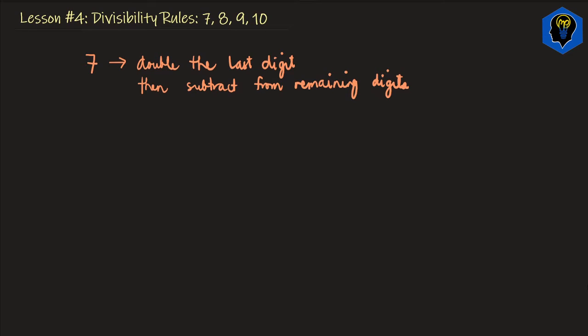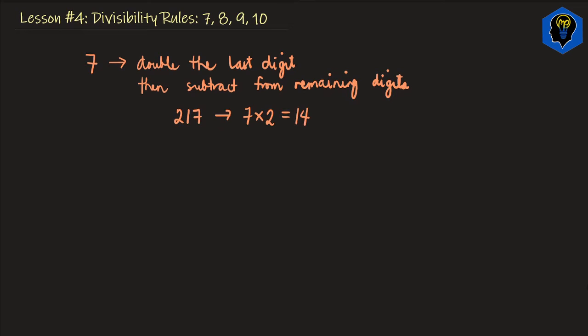For example, we have the number 217. Let's see if 217 is divisible by 7. Sabi dito, double the last digit. So simply 7 times 2. What's the answer to that?